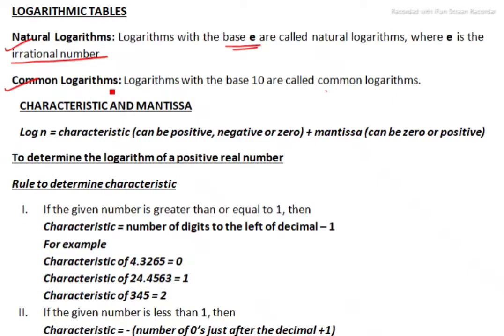The second is common logarithms, where the base is 10. In this class, we will study about the common logarithms. It means whatever we are going to study will be of base 10 only. We will not study the natural logarithm, we will focus on common logarithms.